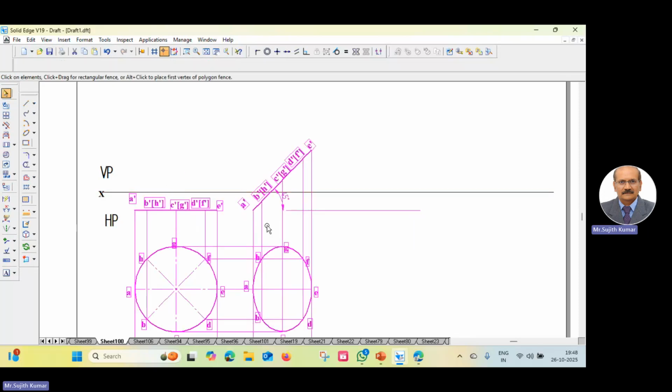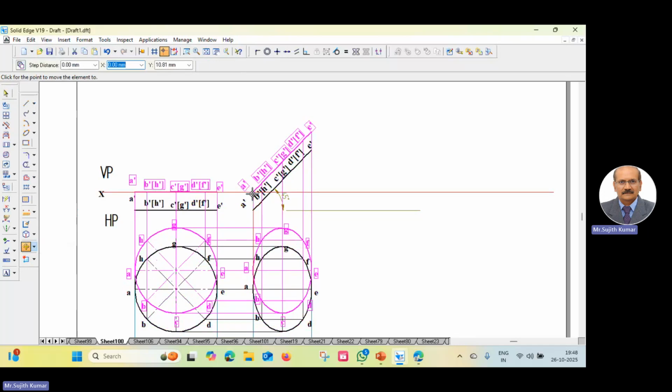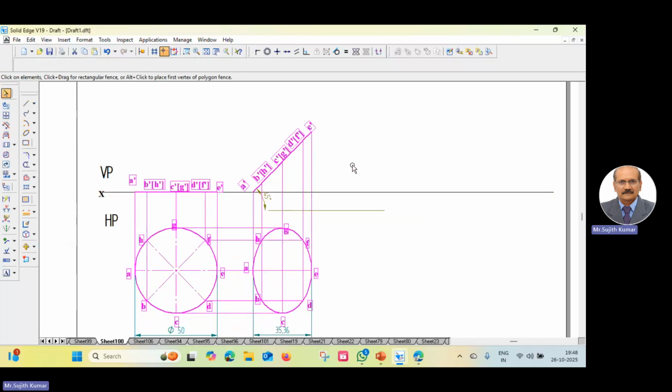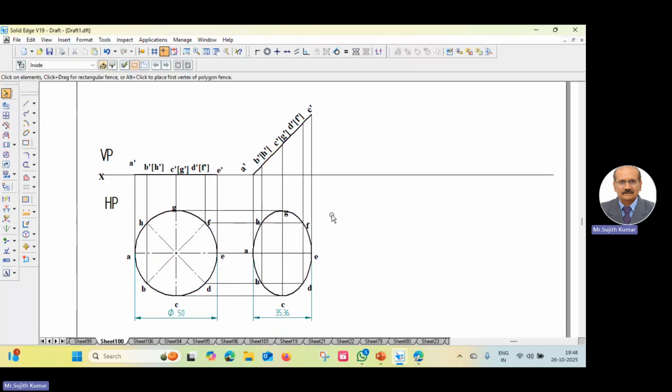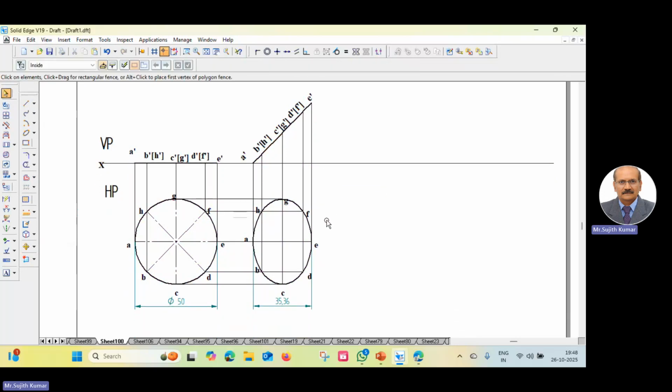Now it is copied and moved, but it has to be kept on the XY itself. Move, copy off, move from the tip of this line, keep it on the X. Done. This is not required, delete. Now what I did is I did not draw it again. I just copied and moved from the previous drawing because the data are the same. Control C, Control V is the command I used.